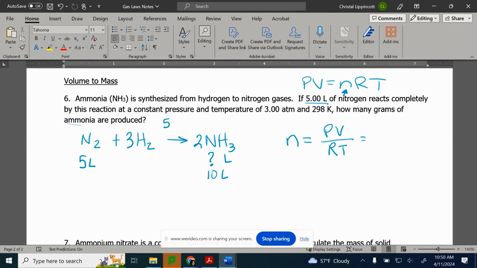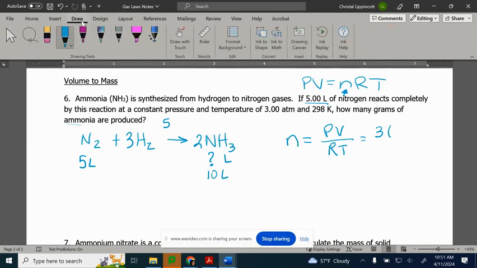Then I'm going to plug in my values. My pressure is 3. My volume, I'm working on ammonia here. I need the volume of the ammonia for this spot right here. It has to be the ammonia in there because that's what we're trying to solve for. Okay, so that's going to be 10 liters.